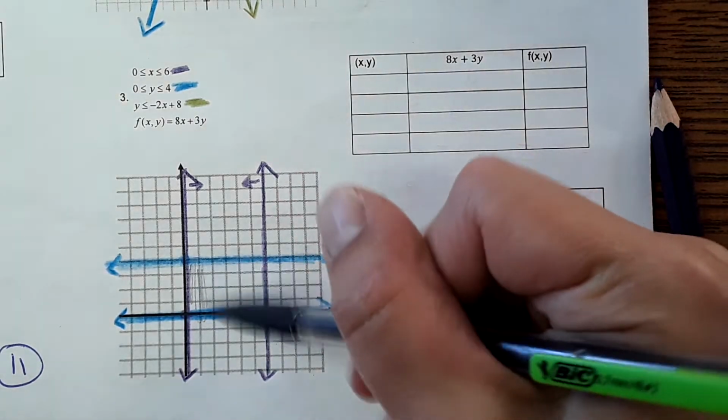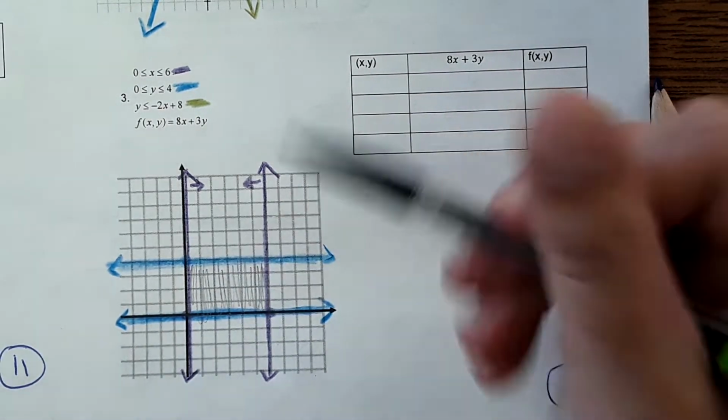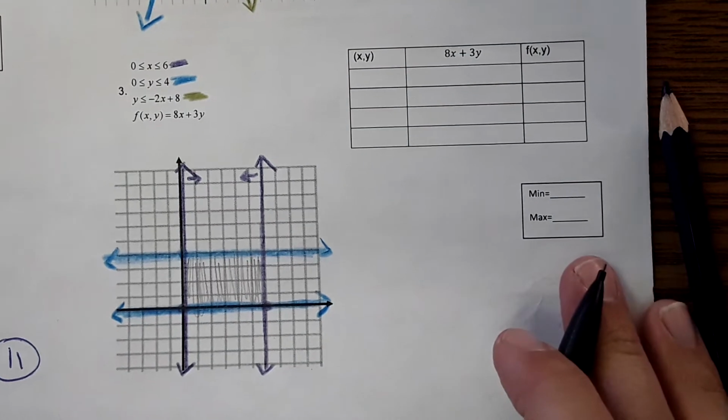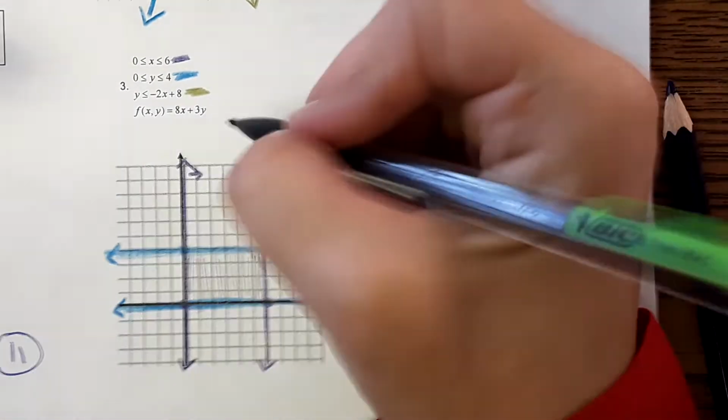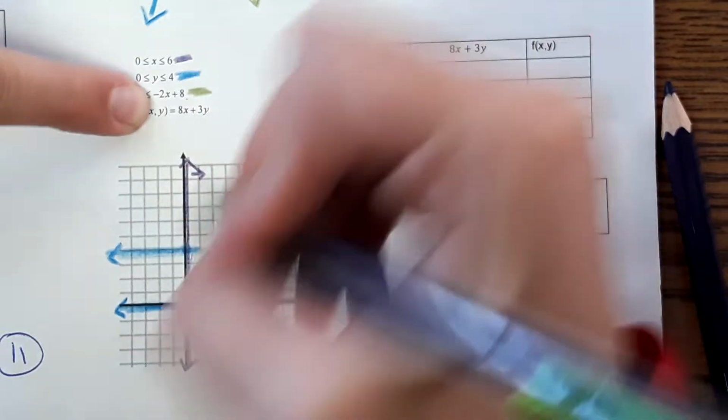So far, the shaded part is in this rectangle, but we have one more line to graph. And then for the last one, y-intercept is at 8.